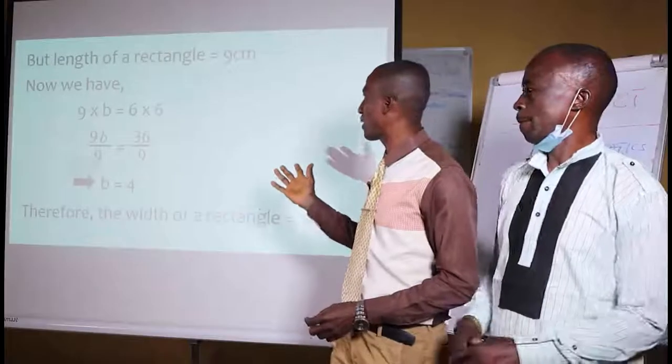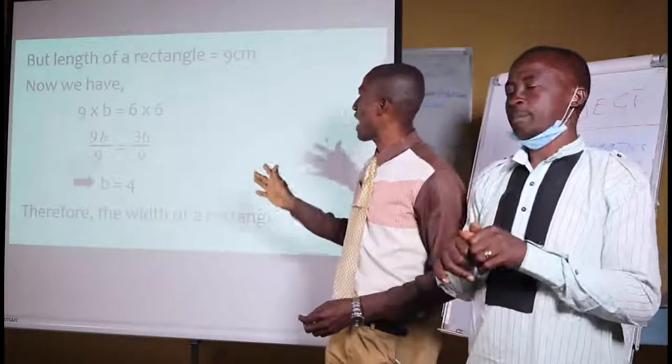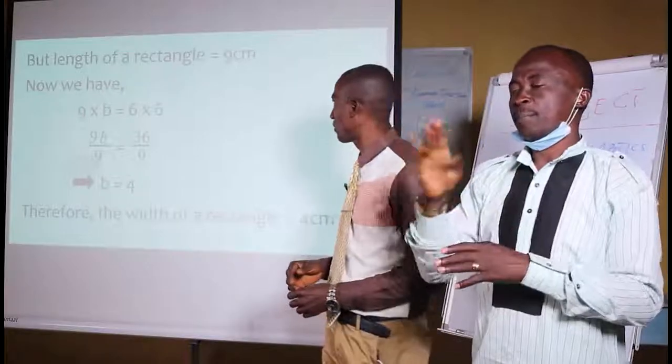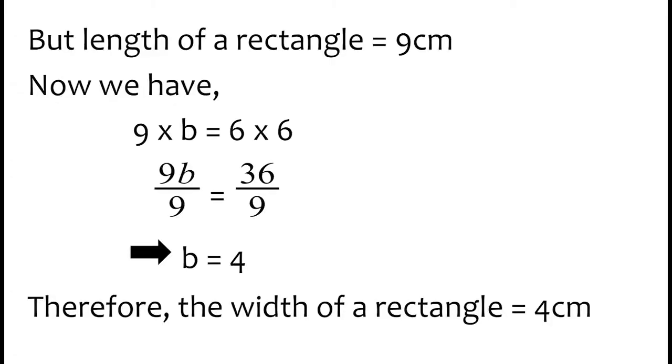But don't forget, my dear students, you are asked to calculate the width or the breadth of the rectangle. So now, 9 times b, because the length of the rectangle here is 9 centimeters as given in the question, equals the area of the square.